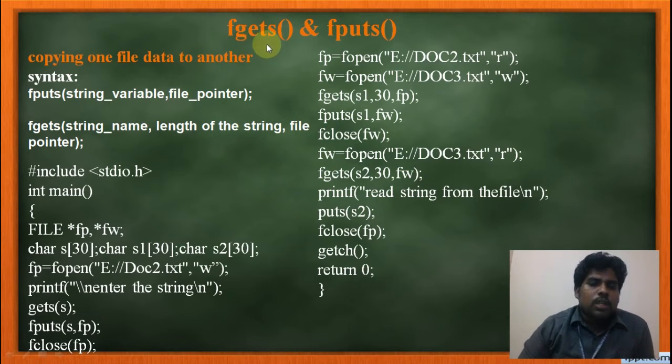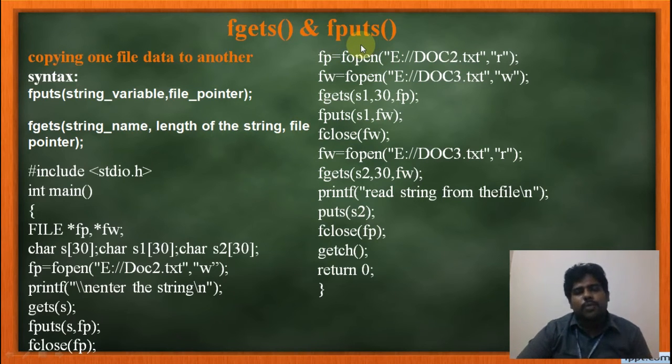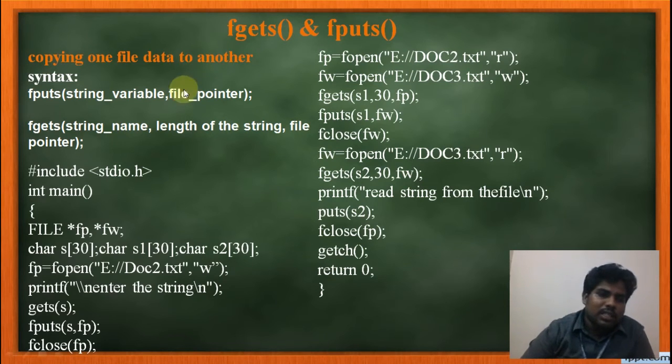So by using fgets you can get the input as a string, a collection of characters, and you can also write a collection of characters inside the file using fputs. That is, you can write a string inside the file as well as get a string as input from the file. See the syntax.